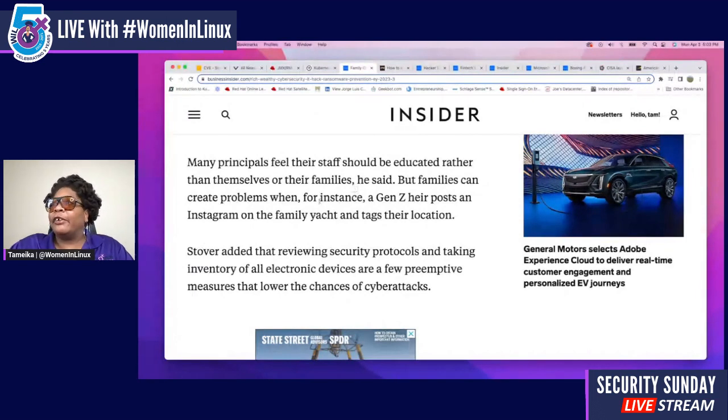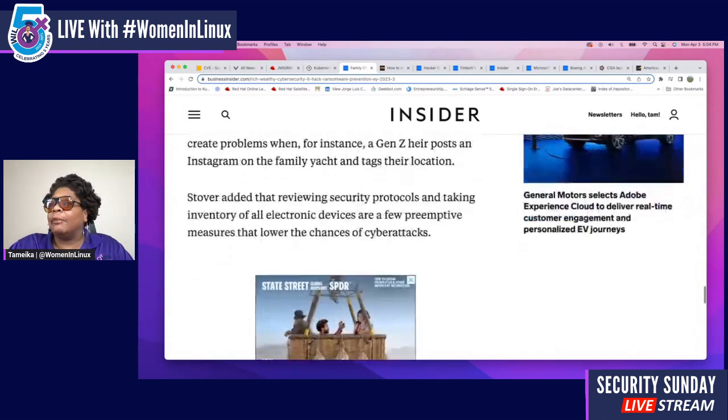But the families can create problems. For instance, a Gen Z heir posts on Instagram on the family yacht and tags their location. Stover added that reviewing security protocols and taking inventory of all electronic devices are a few preemptive measures that can lower the chances of cyber attacks.